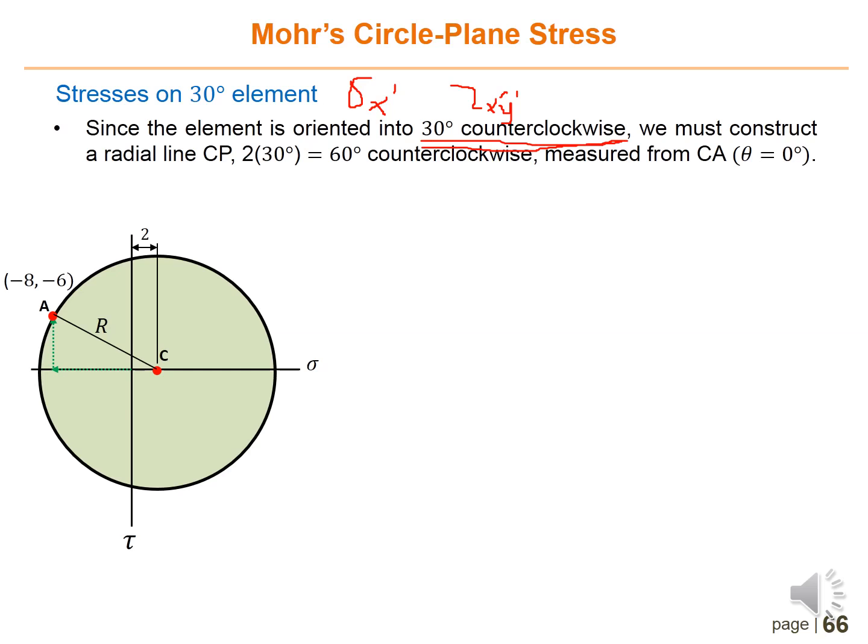To do that, we must construct a radial line called line CP, which is at 2 theta, equal to 60 degrees. Because theta is about 30 degrees, 2 times theta is equal to 60 degrees counterclockwise.